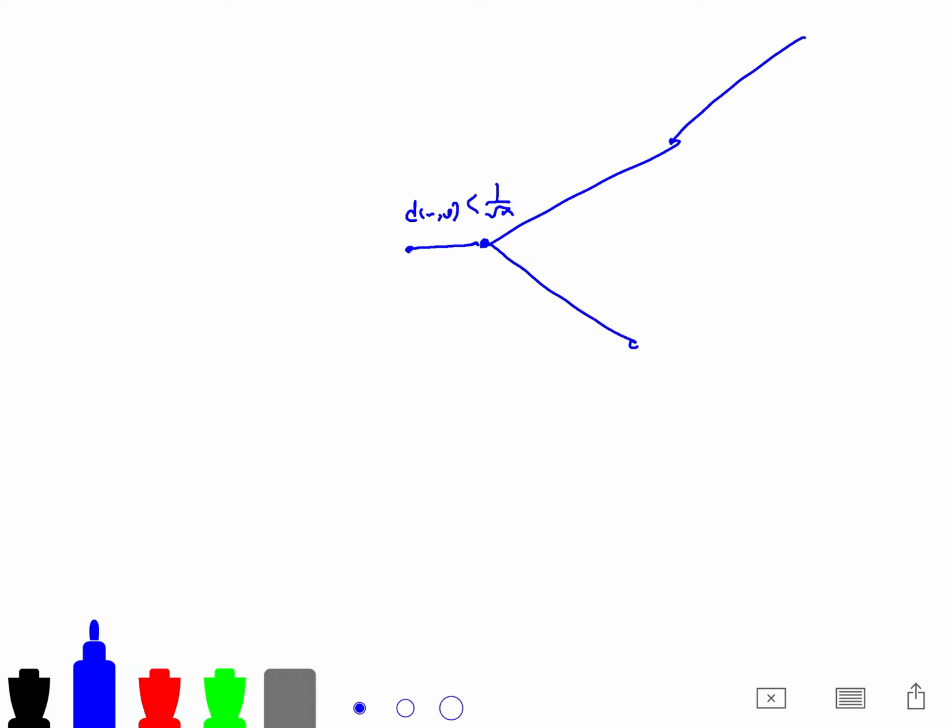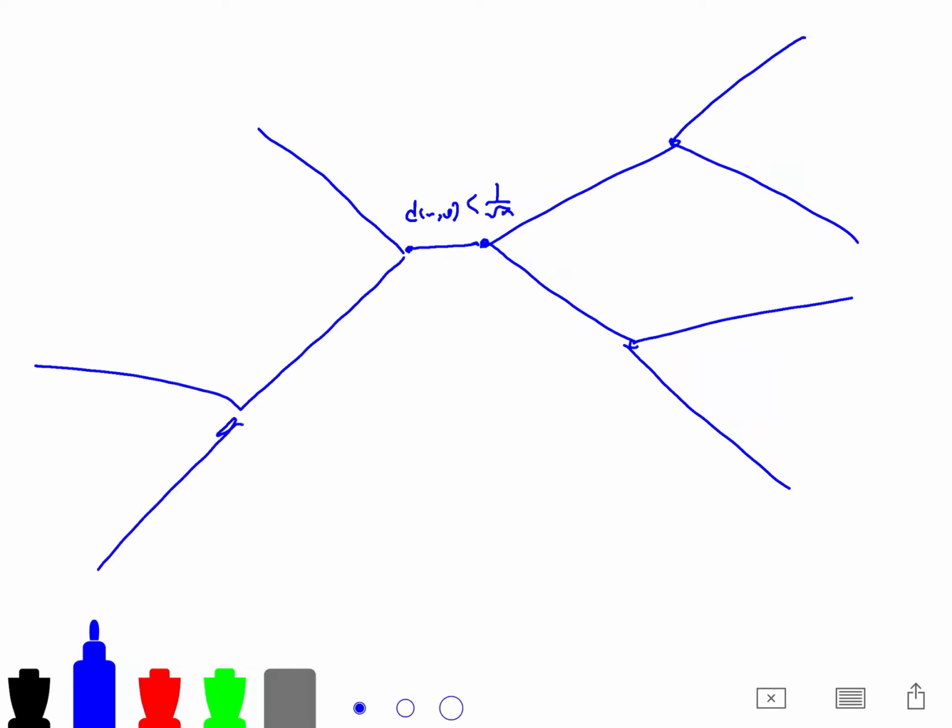And then the other distances are big, for example. Extreme cases. And this is a very small edge, and this edge E is in E plus bad.